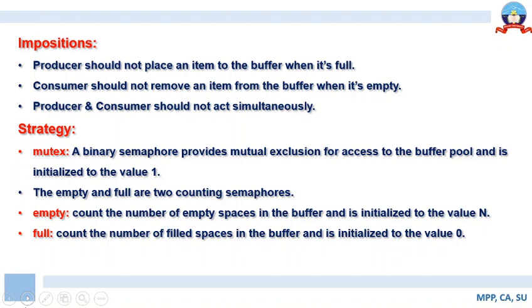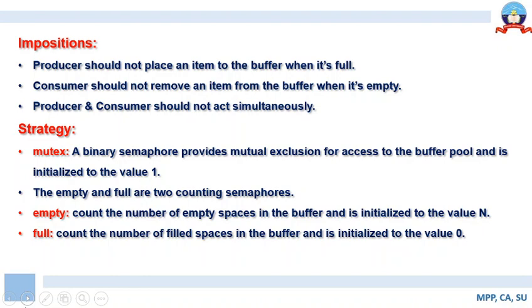Likewise, full is also a counting semaphore that counts the number of filled spaces in the buffer and is initialized to value 0. As we are assuming that the buffer is initially empty, the value of the counting semaphore full will be 0.